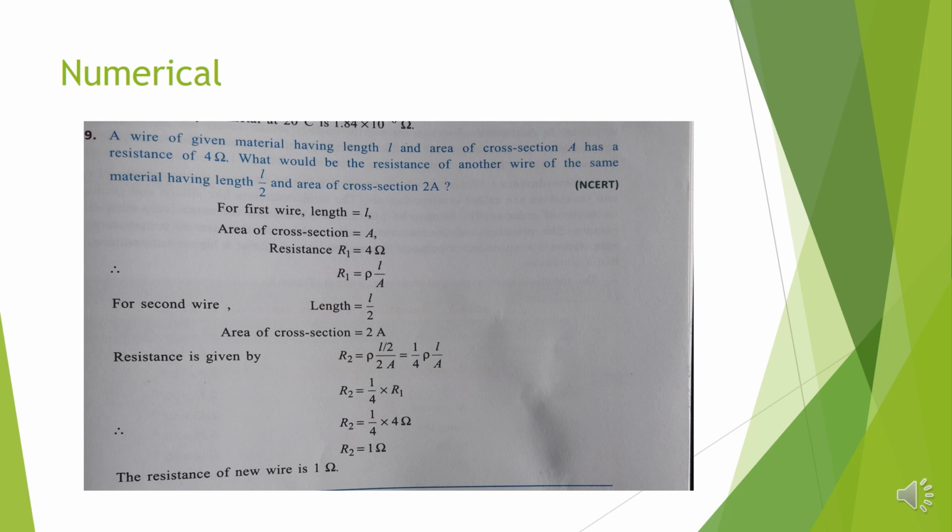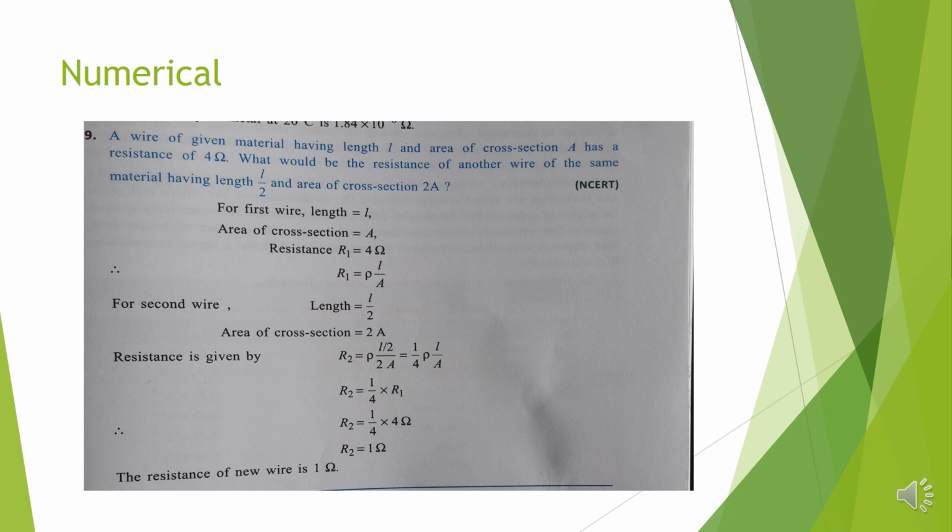First write the given data. For the first wire, length is L, area of cross section is capital A. So first resistance R1 is equal to 4 ohm, that can be equated with rho L by A. And for the second one, R2 is rho, now it is L by 2 and area is 2A.